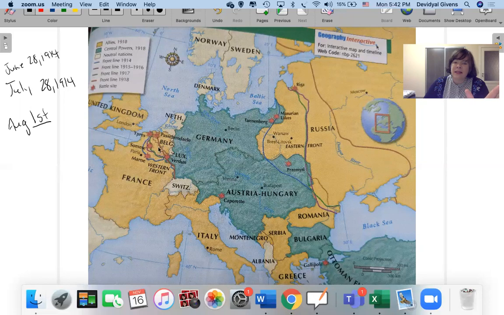That means France was fighting this way, and Germany was going this way. So it was the beginning of the Western part of the war.